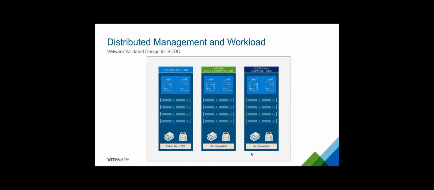Now, mind you, you can put other resources in there for the management stack, but we're very prescriptive on this management stack. I will mention that today, you'll notice down there it says virtual SAN and NFS. We'll get into this a little more, but we are using vSAN ready nodes for the management pod. We do prescribe that, unless that's changed, Nick. It starts with four hosts.